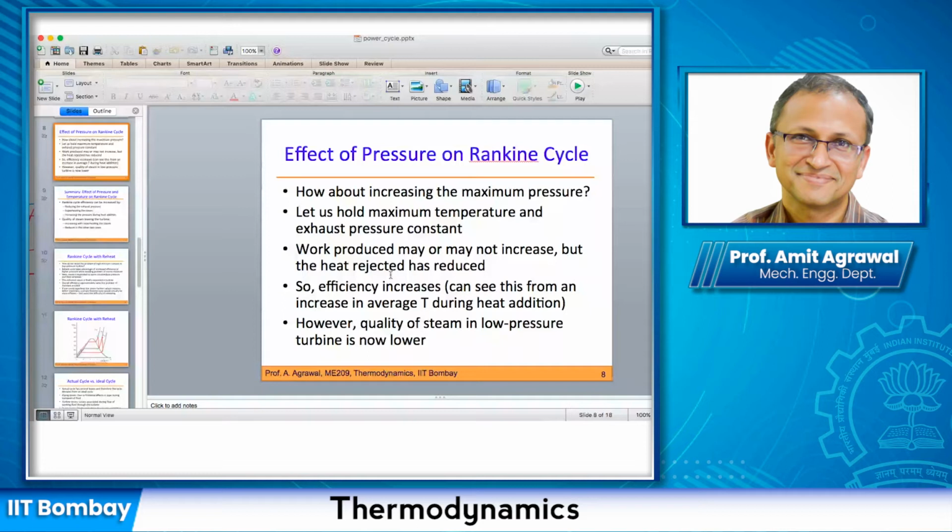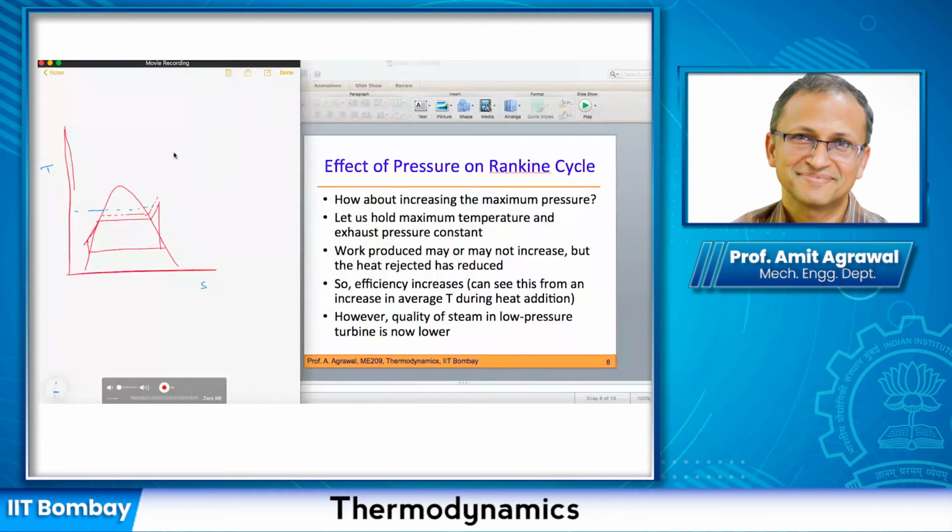You can see that if I increase the pressure, I'm keeping the maximum temperature constant. So I'm essentially maintaining this level to be constant. And of course I am at two different pressures. I don't know why I wrote that the exhaust pressure is constant. I don't think that can be correct. But the maximum temperature I'm holding constant.